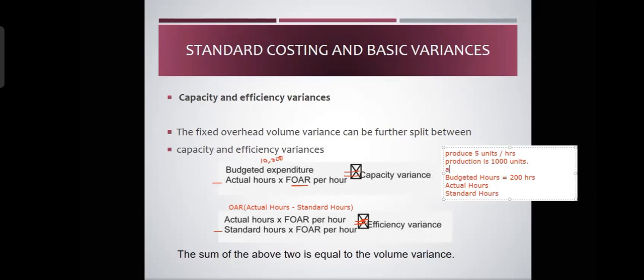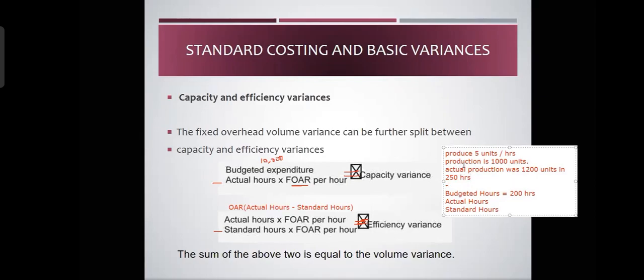But then they said that actual production was, I don't know, 1,200 units in 250 hours. This is the scenario: this was your budget, and this is your actual. So my budgeted hours were 200 and my actual hours are 250. This is your actual from the data. Now, how much is standard?